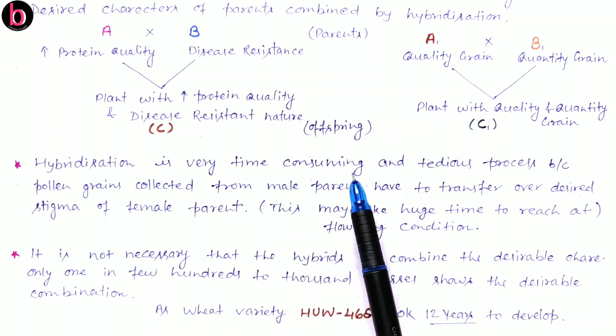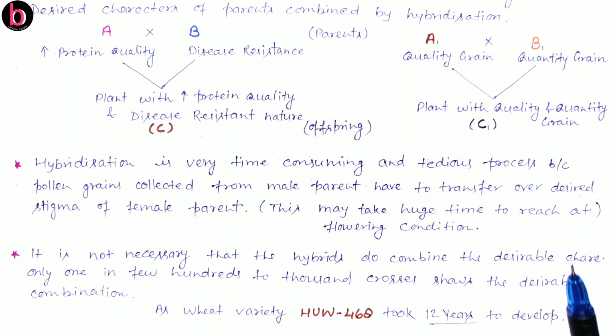Hybridization is a very time consuming and tedious process because first of all we have to germinate seeds, then there will be growth of those particular seeds. So as we already know, in the plant life cycle there are three phases: juvenile phase, reproductive phase and senescent phase.